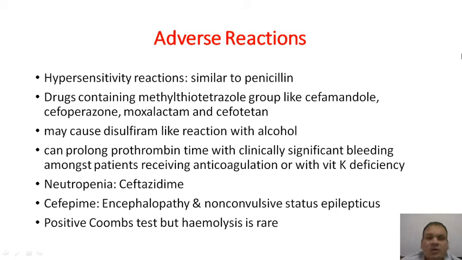Cross sensitivity between penicillin and cephalosporin, some books say it is 1%, some say 4 to 5%, some say 5 to 10%. So please remember that this cross sensitivity is there, which can vary from maybe 2% to 10%.